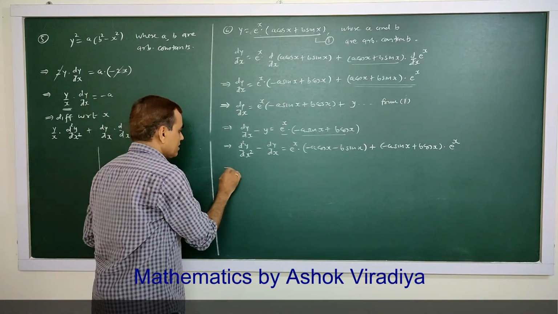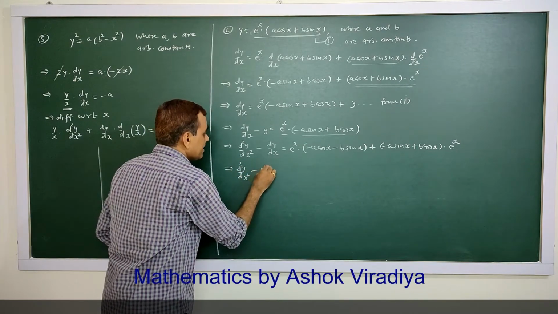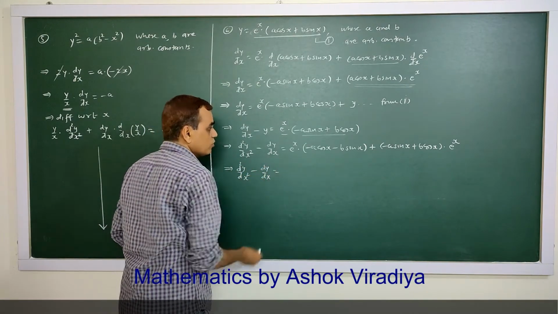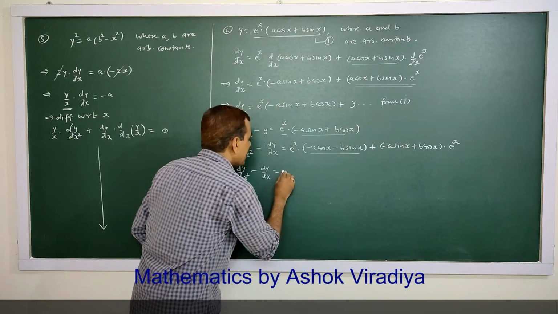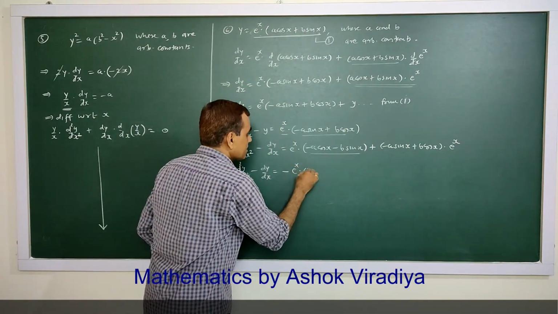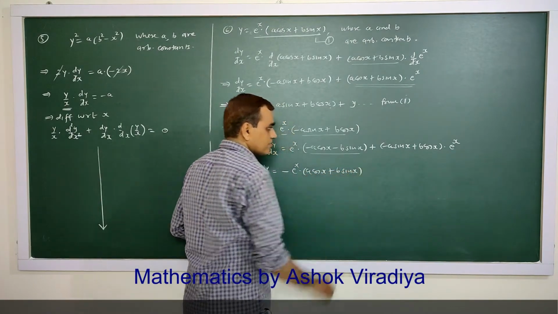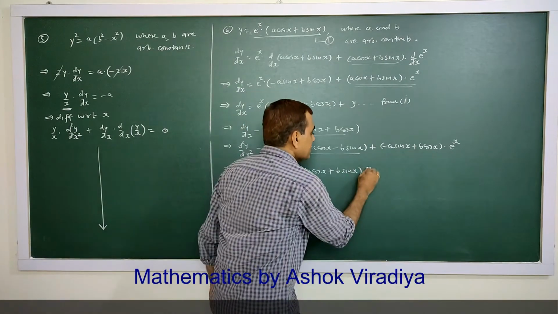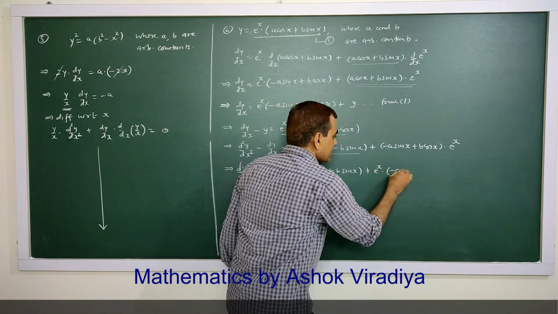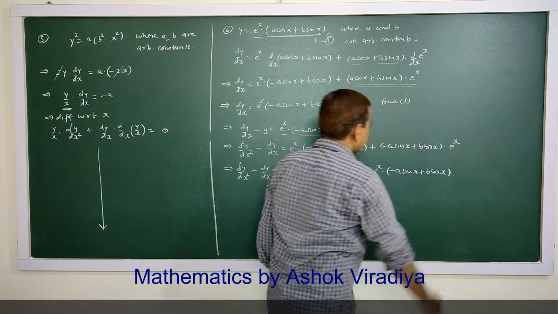Now say d square y by dx square minus dy by dx equal to, from this expression I am taking minus common, e raised to x a cos x plus b sin x. This number I keep as it is, e raised to x minus a sin x plus b cos x.